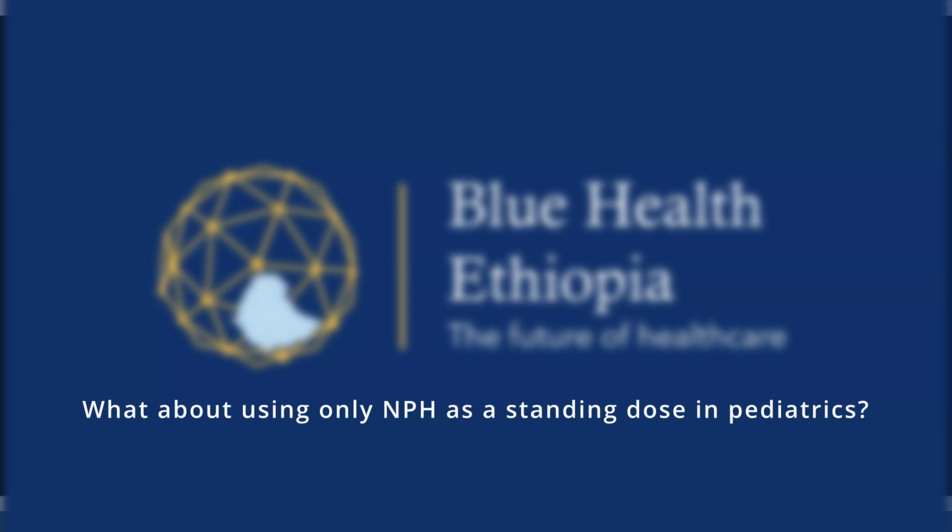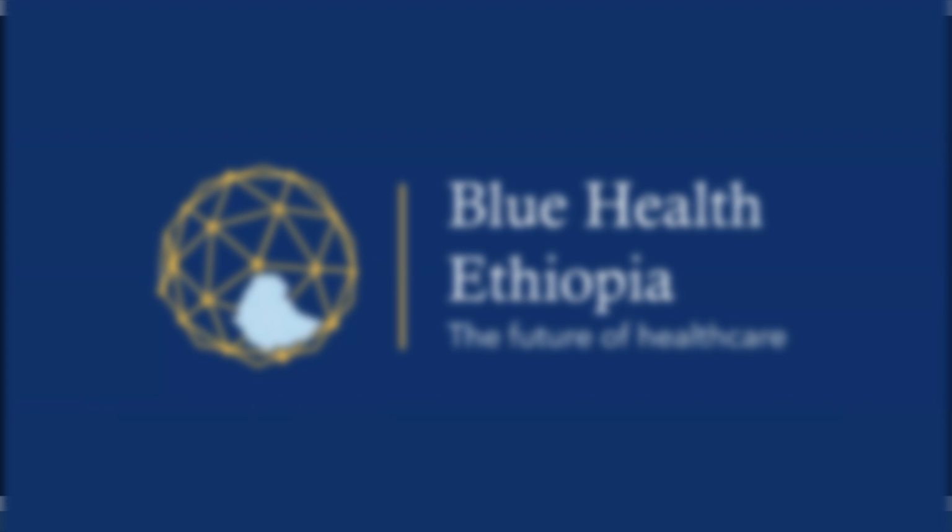If you use detemir or glargine, the half-life is around 22 to 24 hours, so it will give you the basal insulin, and you should supplement with short-acting insulins during mealtime. If you use NPH, the half-life is 12 to 18 hours, so it will not cover the hyperglycemia during the mealtime.